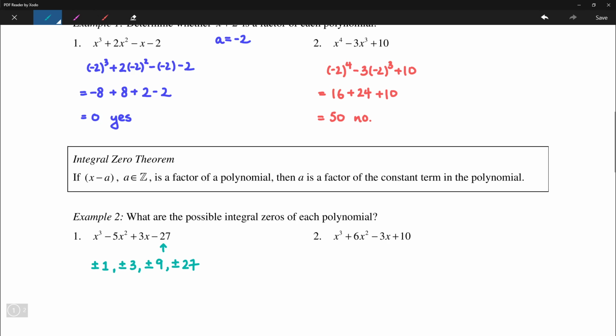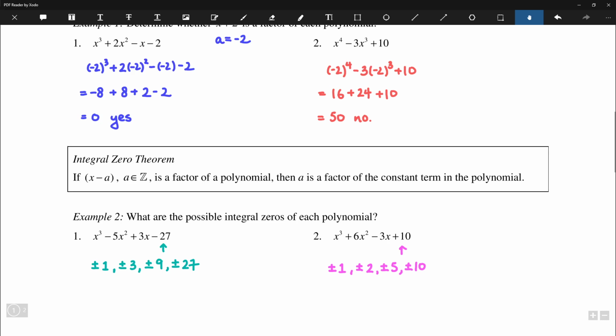All right. Likewise, for the second example, we have a 10 here. So the factors of 10, we also have to consider negative possibilities as well. So here we have plus or minus 1, plus or minus 2, plus or minus 5, and plus or minus 10, or more accurately, positive or negative, those integers.